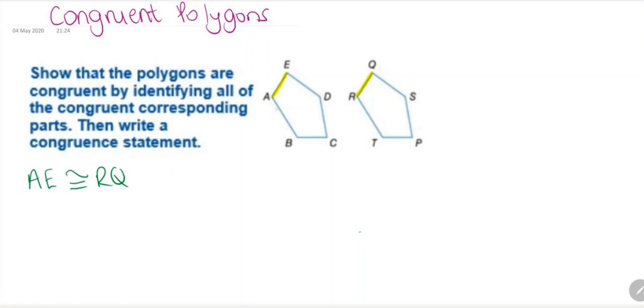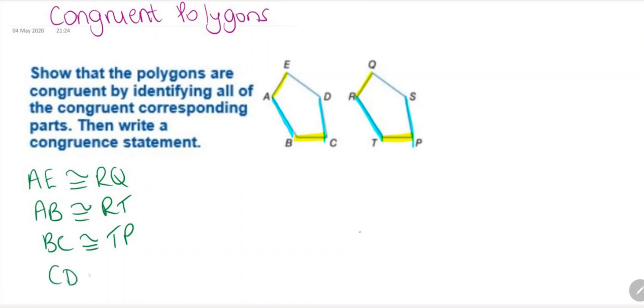And I'm going to look at AB and RT. And I can say AB is congruent to RT. BC is congruent to TP. And I can look at CD and PS.